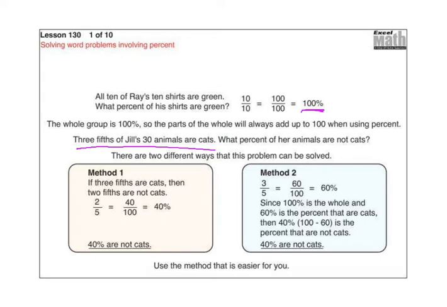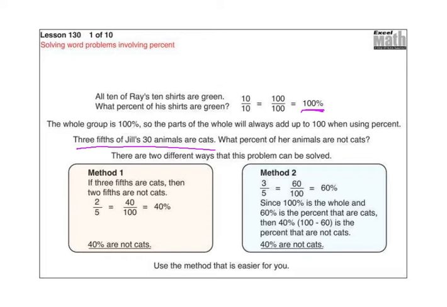And what is the extra information in this problem? What is the extra information that's not needed? 3/5 of Jill's 30 animals are cats. They want to know the percent. What do we not need to know? 3/5?